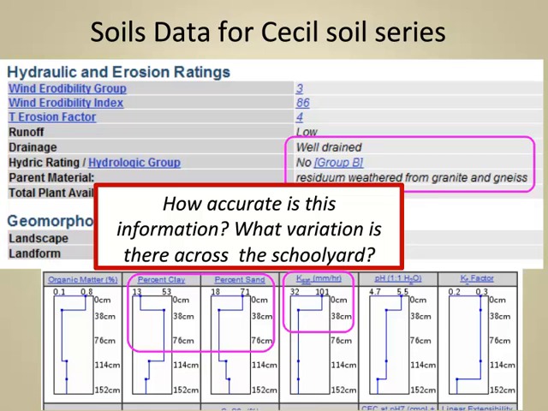As you dig down through the Cecil soil, again, you see some variations. Going down through the clay, for example, you find maybe 15% at the surface, but it gets almost 50% then at depth. Percent sand does the same sort of change. It's actually pretty high at the surface, but then drops off after about 30 centimeters, going down to pretty low percentage with depth.